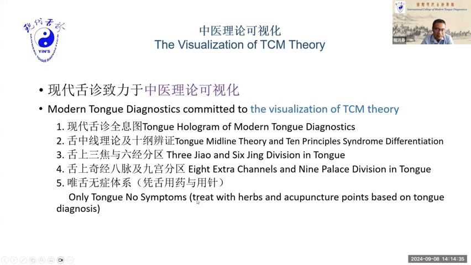This means we treat with herbals and acupuncture points based on tongue diagnosis, not just based on what the patient told you. So we treat based on what we have seen.